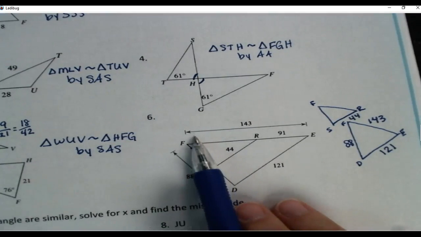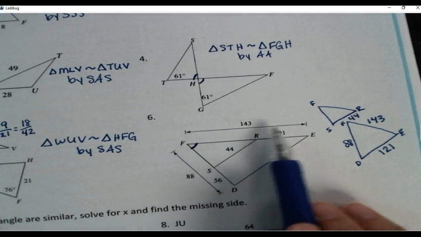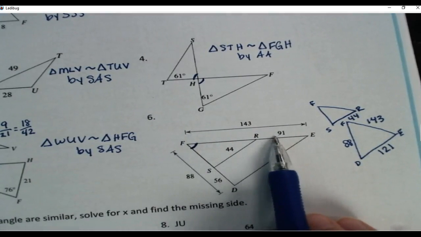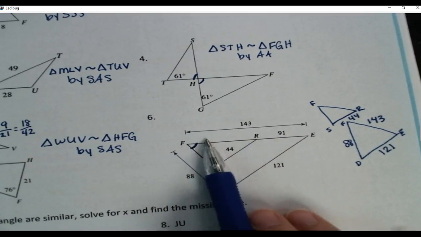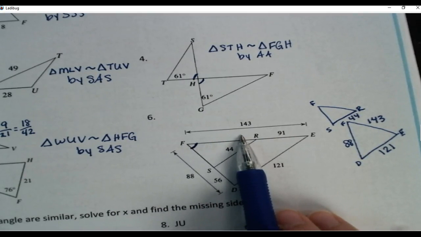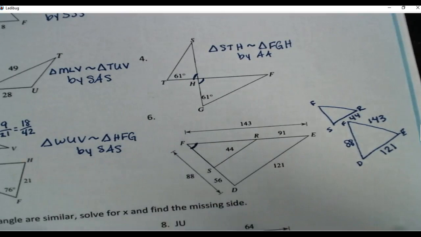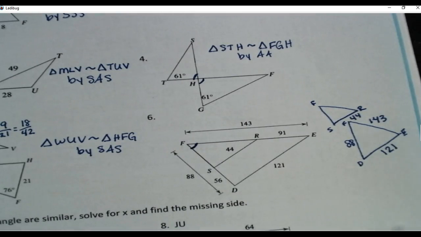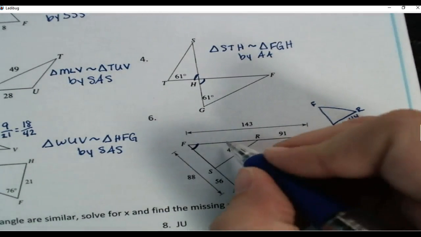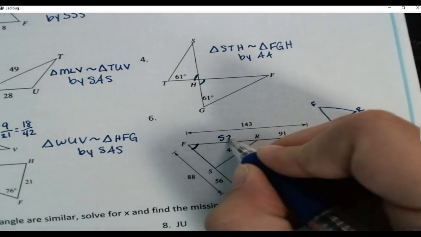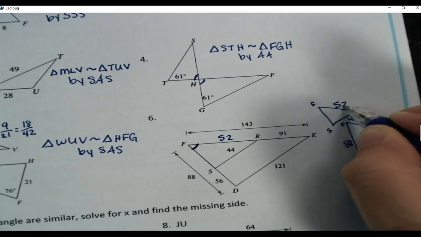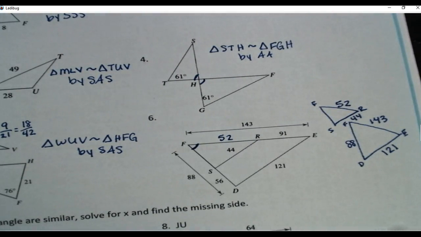If the whole side FE is 143 and the bottom part is 91, how can I find the top part? Subtract them. Good. So 143 minus 91 tells me this top part is 52. So my little side is 52.